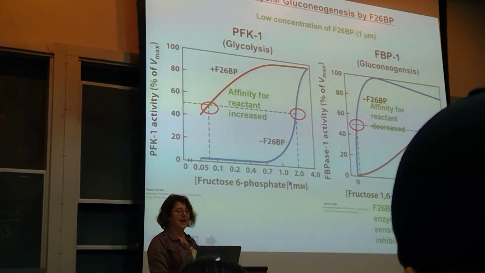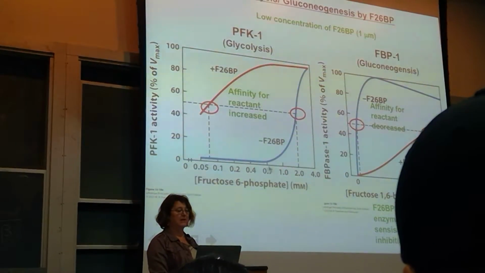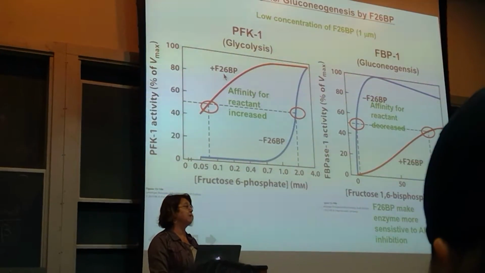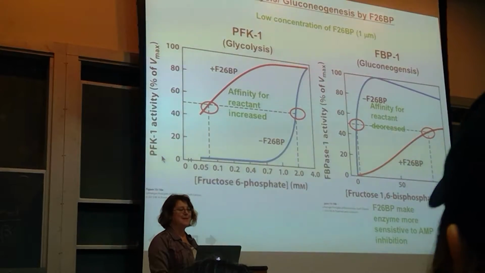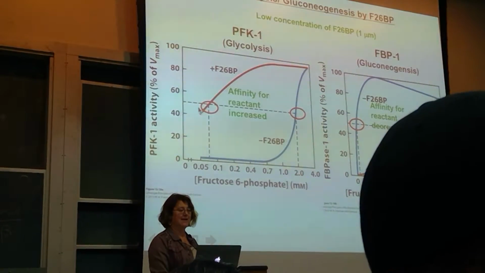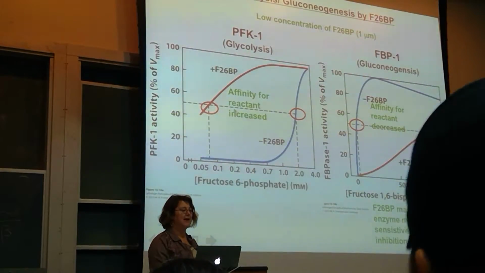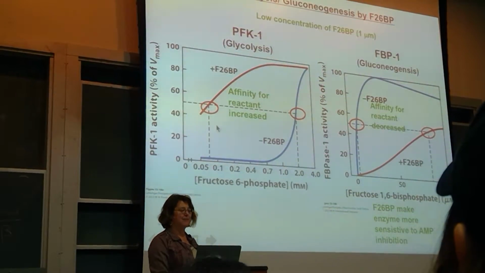Without it, it's basically nonfunctional, even when you get to fairly high levels. So this is really the driving regulatory compound for glycolysis, for PFK1. Okay? And so if you were to get a graph like this, you should be able to tell me, right, how it was regulating each of these activities.